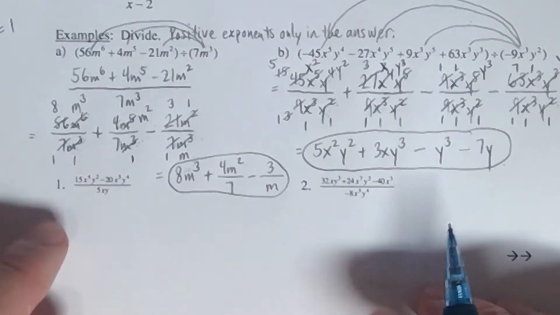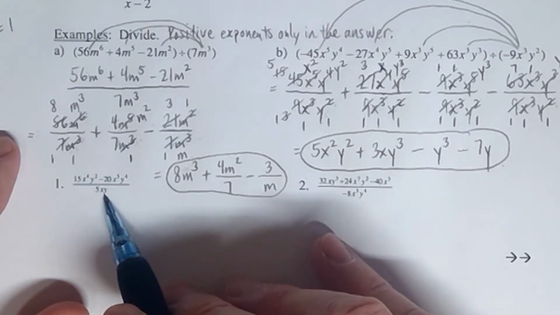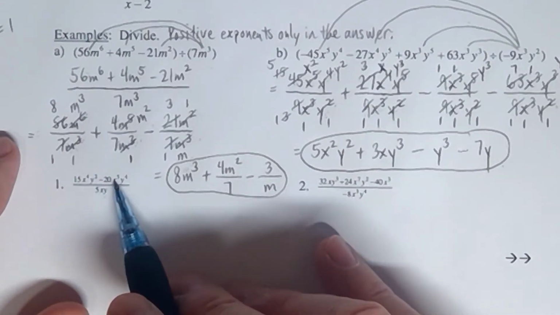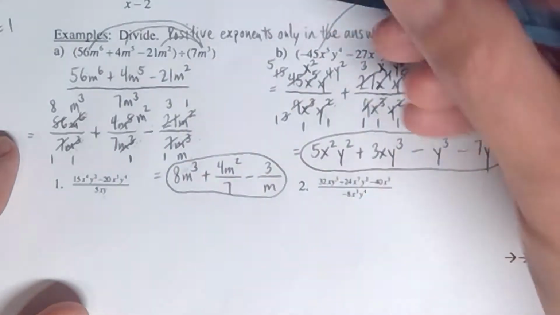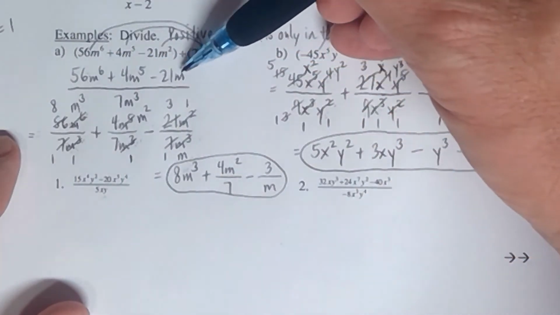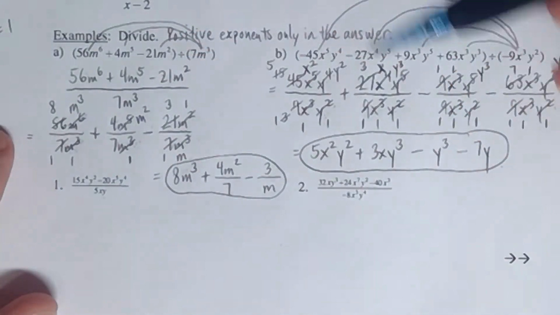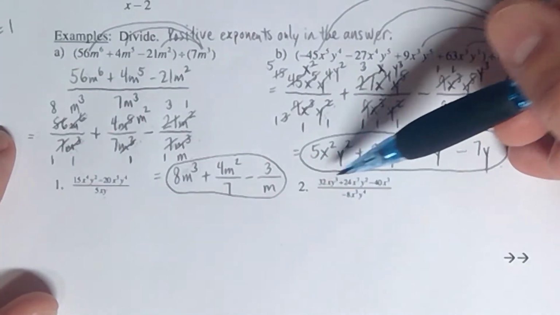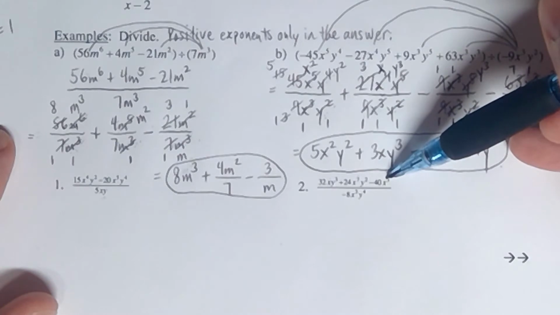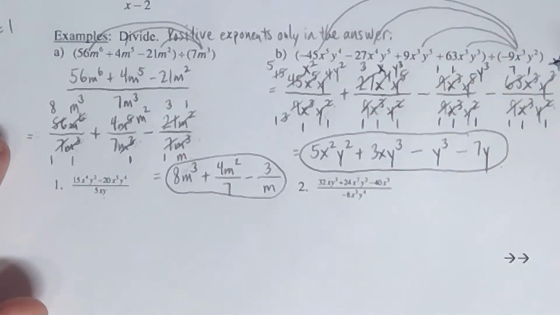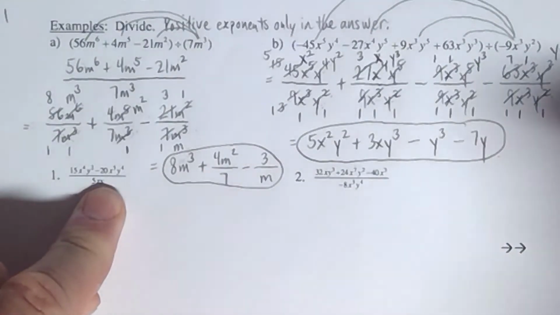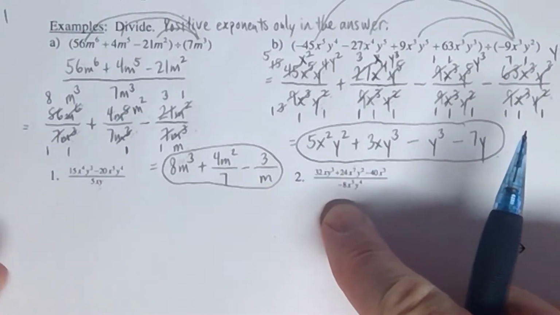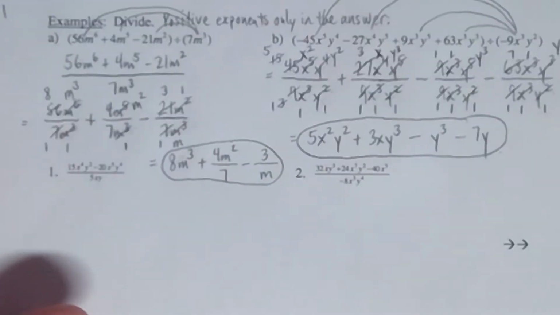So you're going to split this one up into two fractions, because there are two terms that you're dividing on top. Just like we had three terms on the top right here, and we ended up with three fractions. Same idea here. You've got three terms on the top, and so you're going to end up with three fractions there. So do the same thing with the two fractions here and the three fractions here, and we'll take a look at those answers in just a moment.